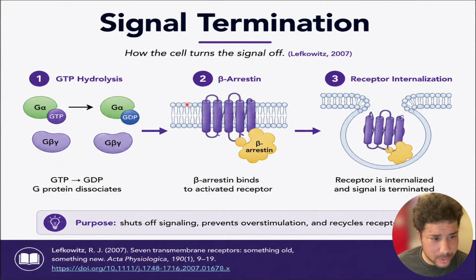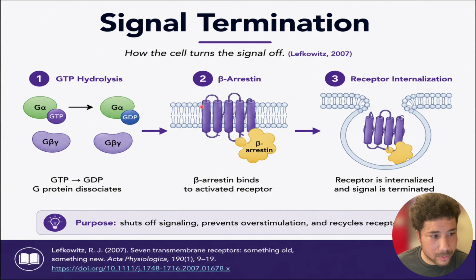The alpha subunit has intrinsic GTPase activity, which means that it can hydrolyze its bound GTP into GDP and inorganic phosphate. So we can see that here in our example. When GTP is converted to GDP, G alpha returns to the inactive conformation and stops regulating the effector.